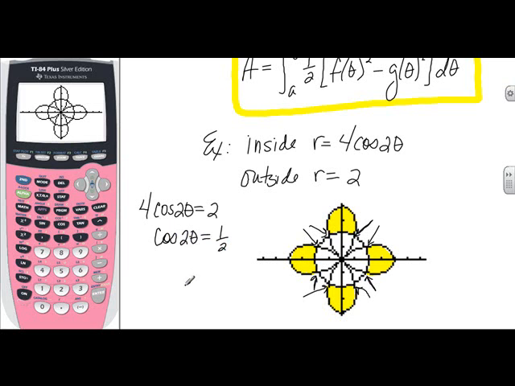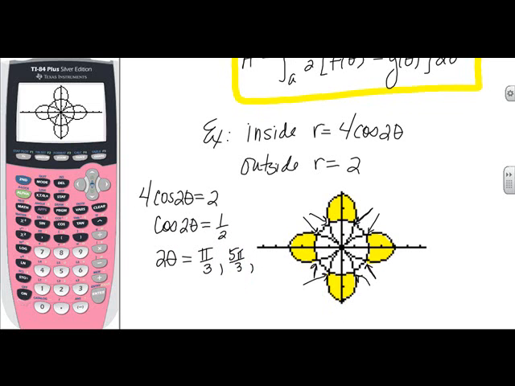So 2 theta, thinking about the unit circle, would be pi over 3, 5 pi over 3, and so on. Okay, this is going to get us started.